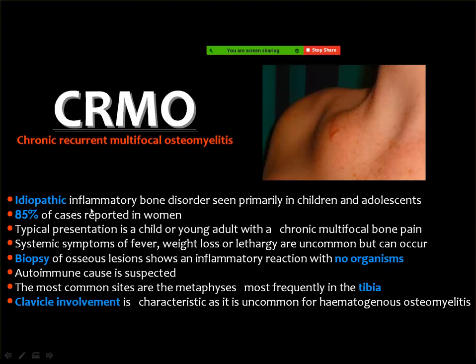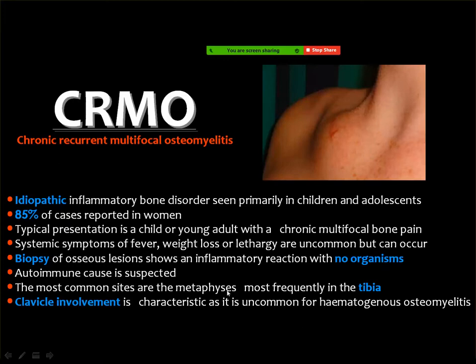It is an idiopathic inflammatory bone disorder seen in children and adolescents and is relatively common in females. One of the sites that are very well demonstrated in this disease is the clavicle, where you get clavicle involvement which is expanded, and sometimes you get a periosteal reaction, and hence you may think of this if you see the clavicle.